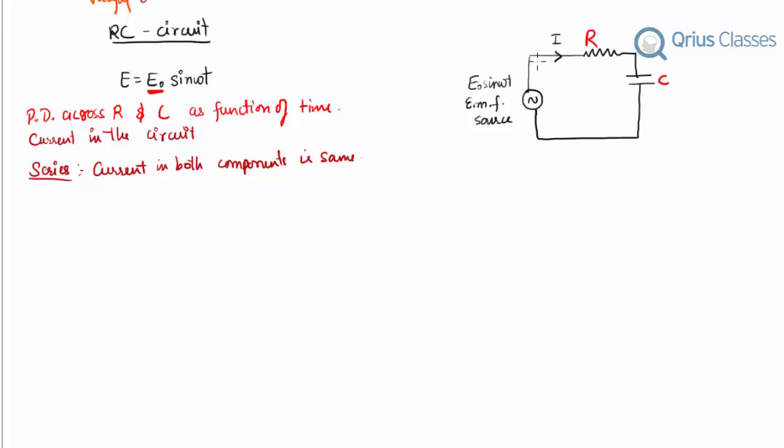So when we are moving from I to R, and then on, let us label all these points which we have with us.